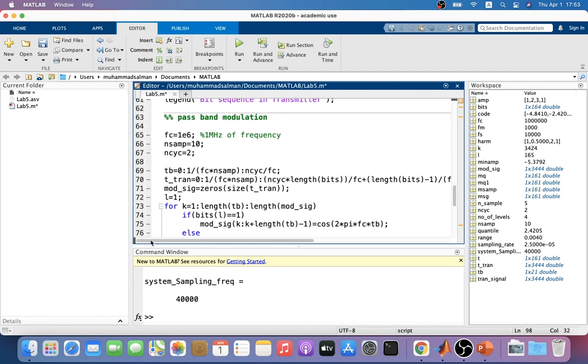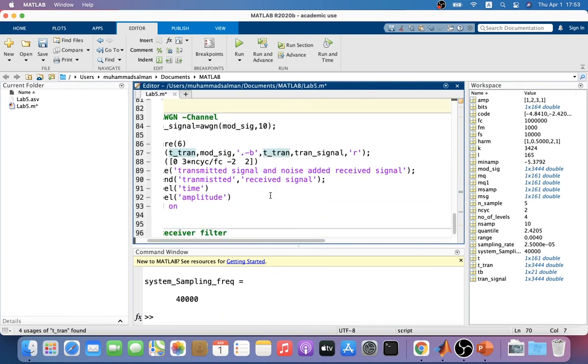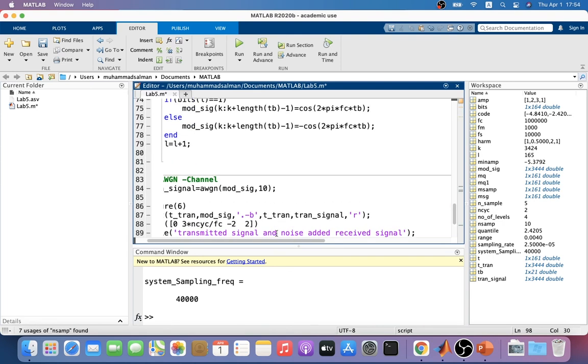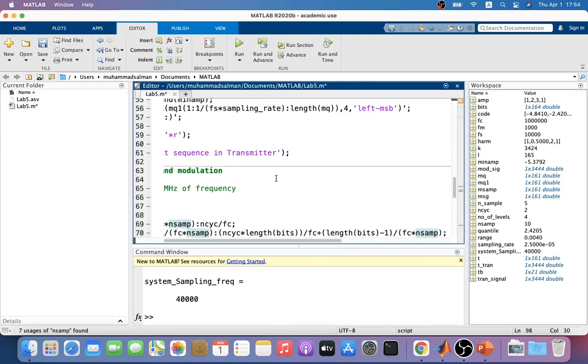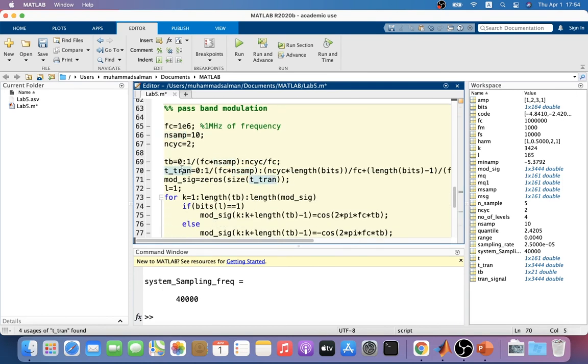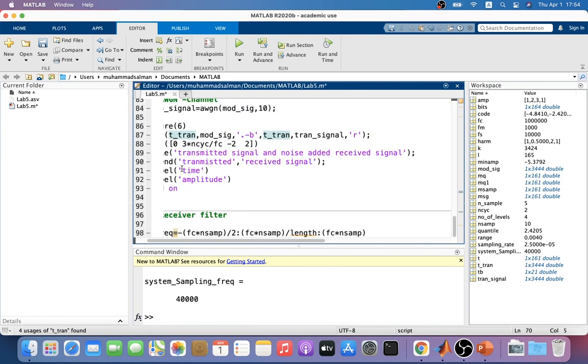So the signal which has been transmitted, so the length of that one. So I have to make it very small. Actually, if you compare this one with this one, they are quite similar. But this one, the t transmit, this one and this one is quite similar, but they are reciprocal. Plus, they are from minus fs by 2 to plus fs by 2. So you have to thoroughly see both of these.